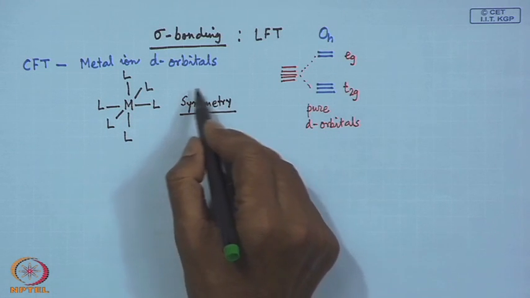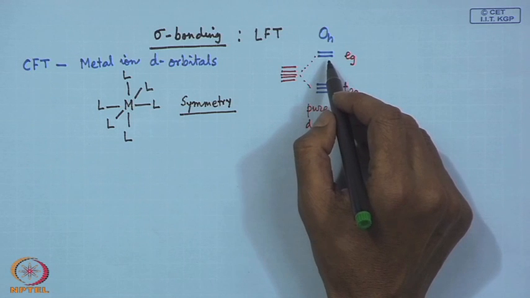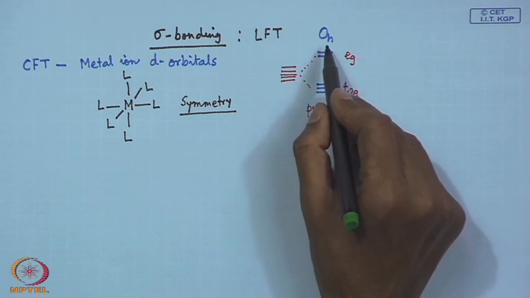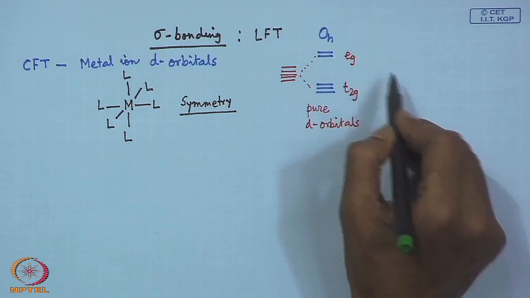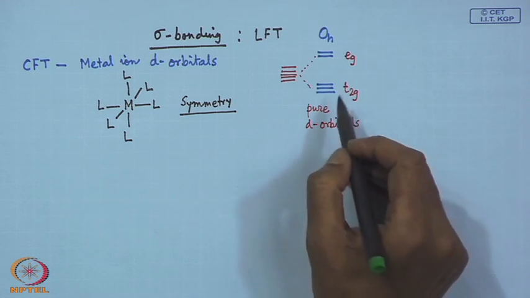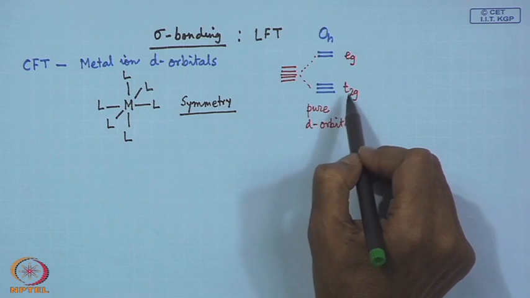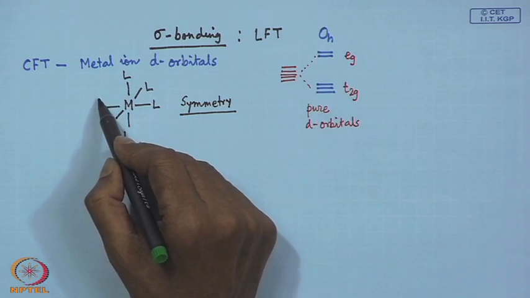That means the symmetry of the placement of the ligand system can show what type of splitting we can have, whether we have a typical octahedral geometry or tetrahedral geometry or square planar or square pyramidal geometry. That basically we are getting from the information of what type of crystal field we are imposing due to the presence of these many ligand systems.